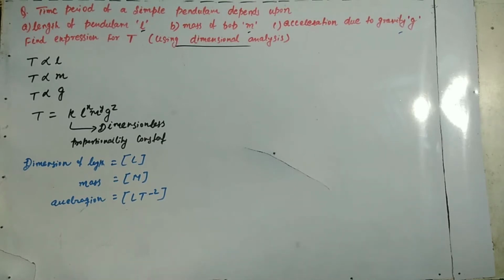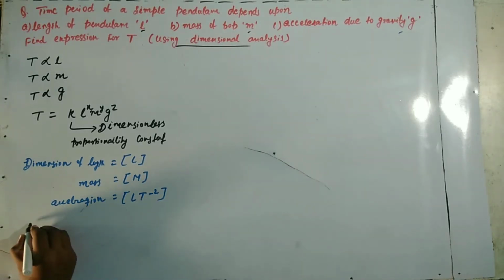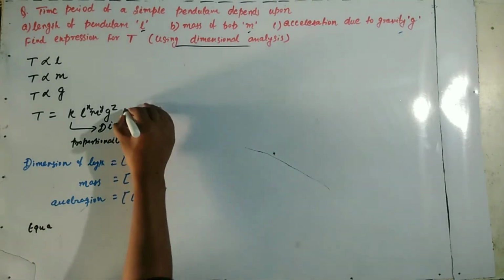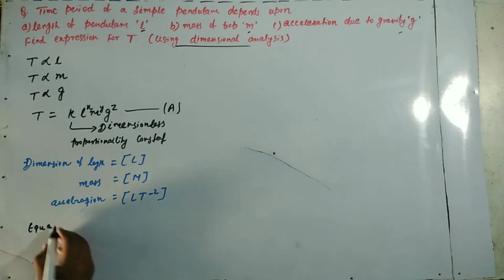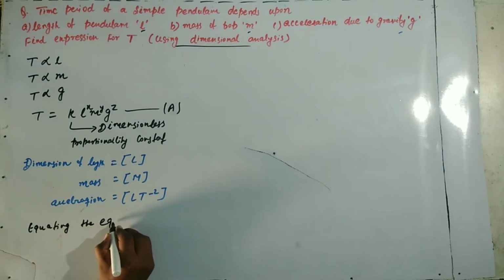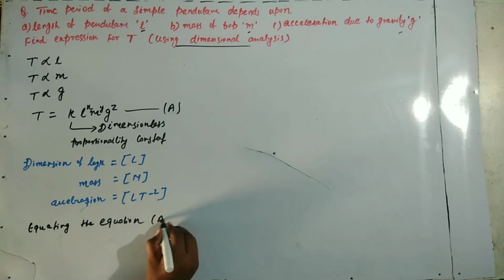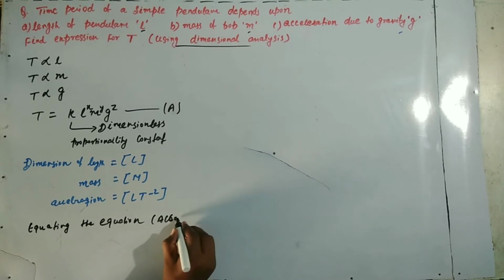Now, T equals K into L to the power X, M to the power Y, G to the power Z. Suppose we name this equation A. Now, we equate both sides, LHS and RHS, according to the principle of homogeneity.